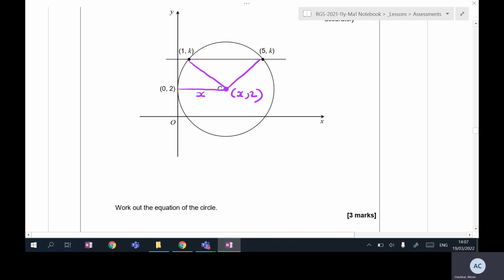So if we do the difference, remember you make it into a triangle and do Pythagoras. So we're looking at the difference in our x coordinates as x minus 1. So square that and then look at the difference in my y coordinates, so 2 minus k, squared. Okay, so that's going to give me my radius squared. So in other words, it's going to be x squared, because remember, these are all the radius, so they're all going to be x.